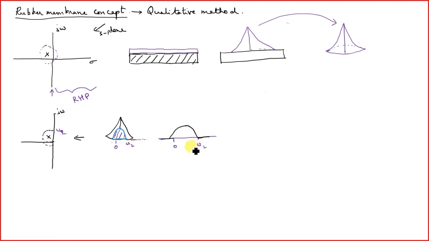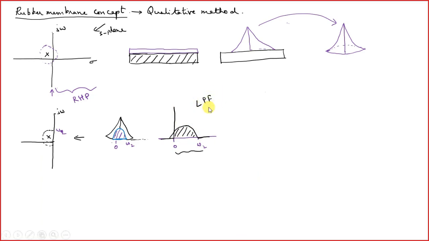So what it has done, if you consider only the positive half of the frequency, if you look into this and if you look into this area, what kind of filter is it? It is a low pass filter.